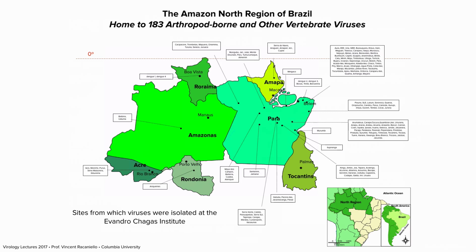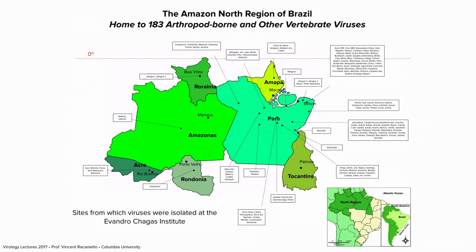The world is full of animals of all sorts, and each of them has its own collection of viruses. So here, just to show you an example, is the Amazon North region of Brazil, right here in green.